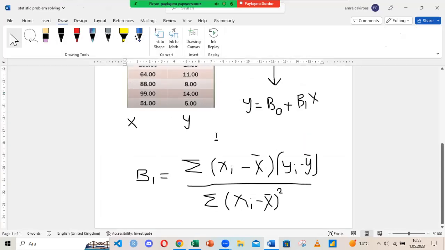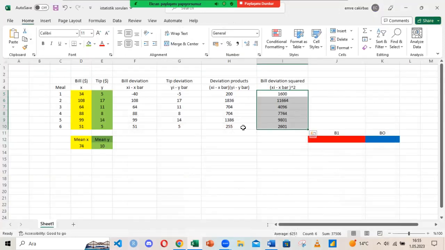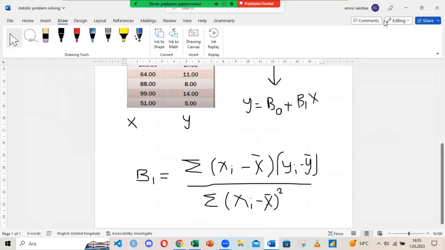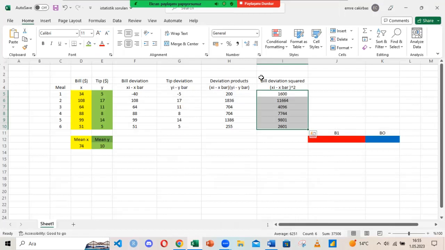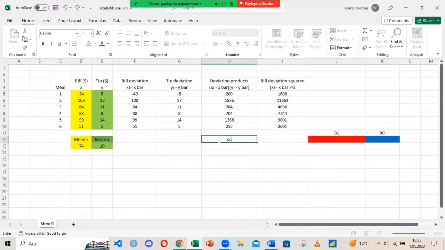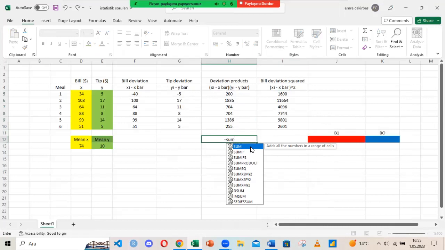And according to the given formula, we have to sum. This is this part, and that is that part, and I will sum all of them.